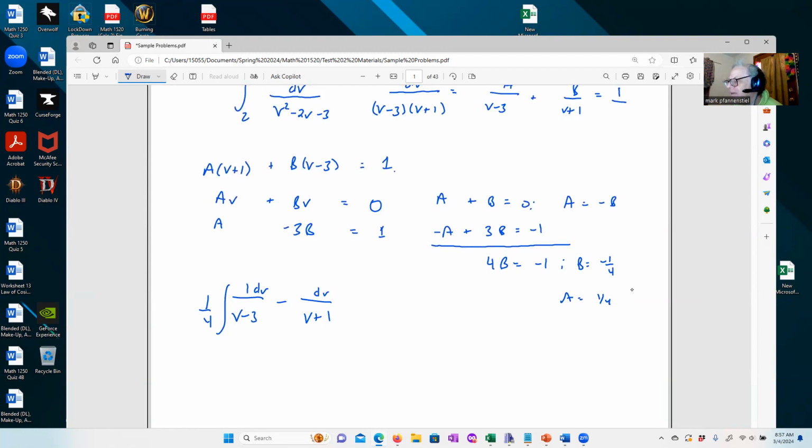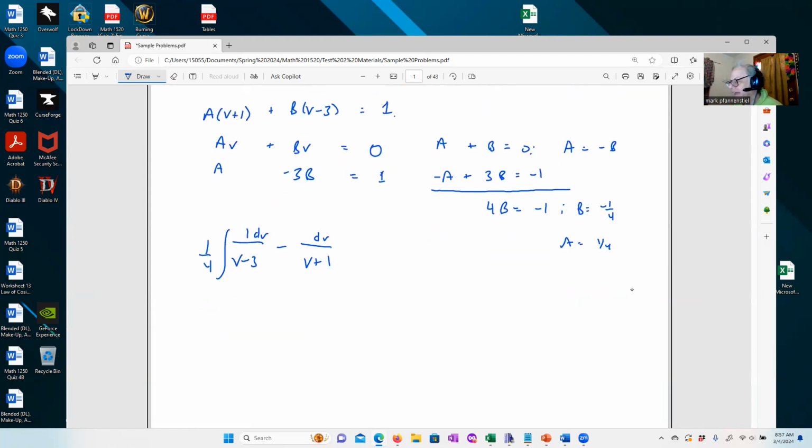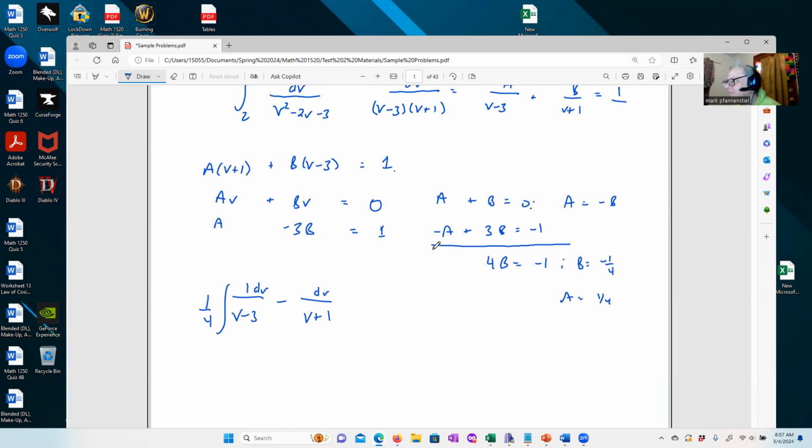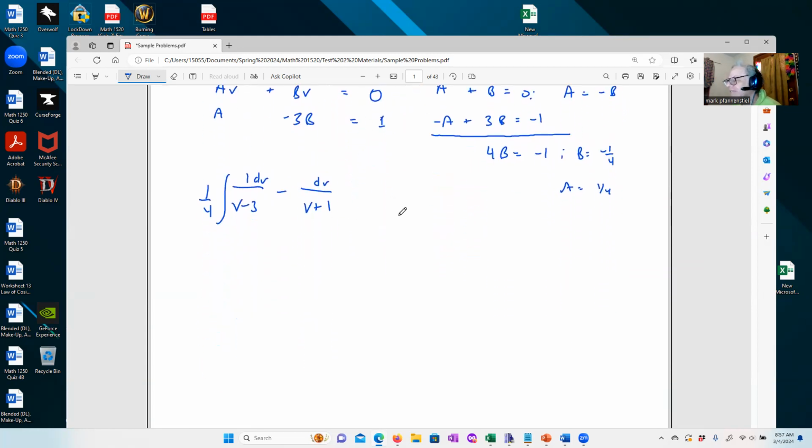Again, we have a dv. We just have to integrate this. And again, realizing I'm working the improper integral before I put my limits in, because I don't want to carry around a limit the entire time. So we end up with 1/4 times the natural log of (v minus 3) minus the natural log of (v plus 1).